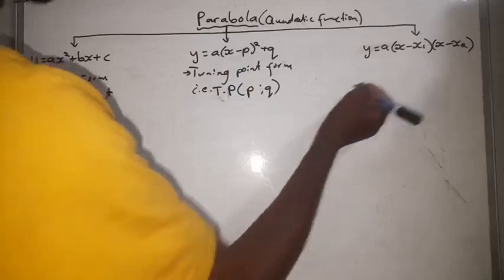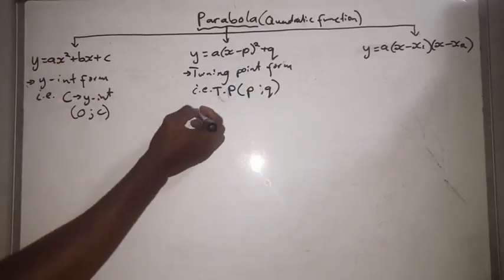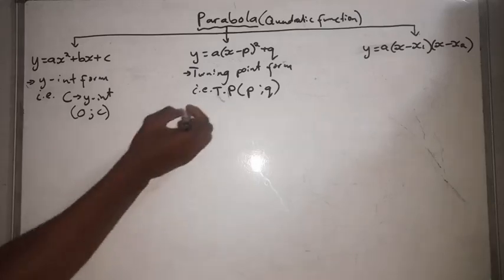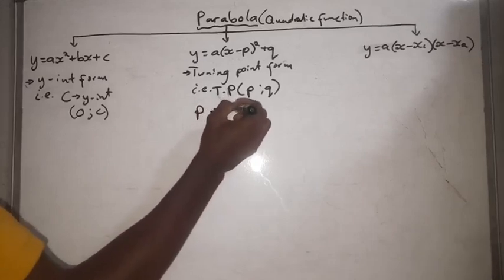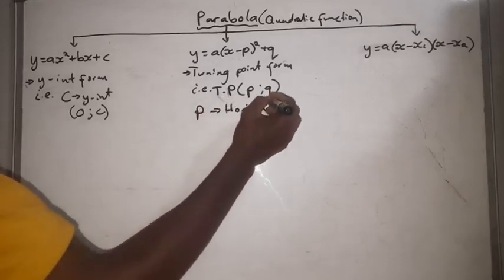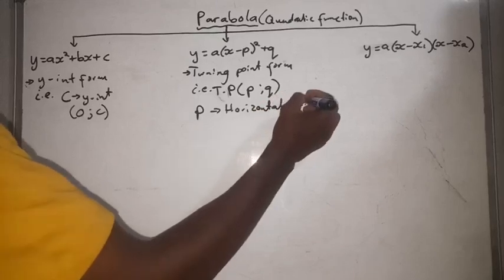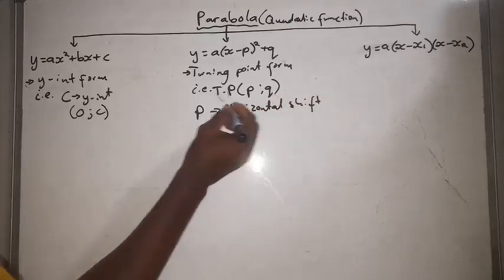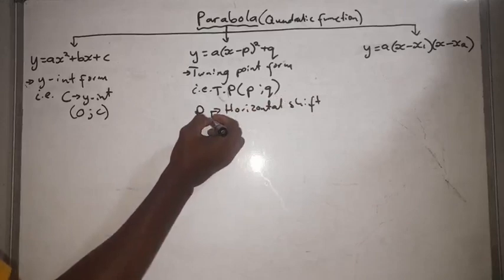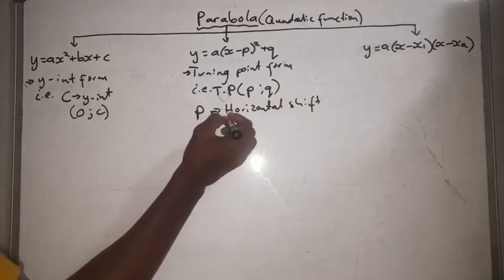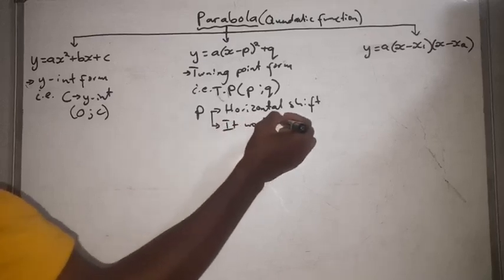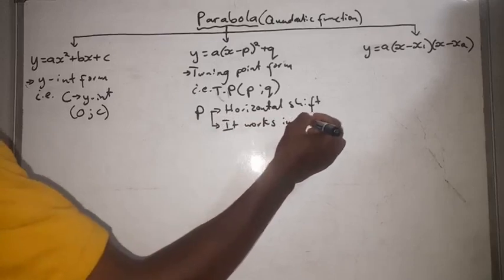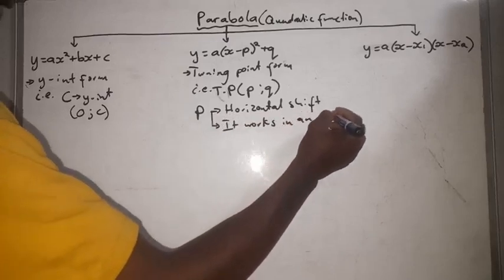Before moving on, the value of P will tell us the horizontal shift of the graph, which people confuse when it gets here. It works in an opposite way.